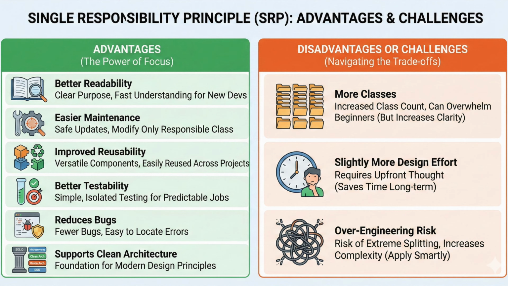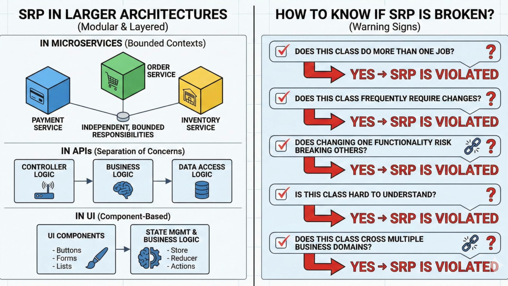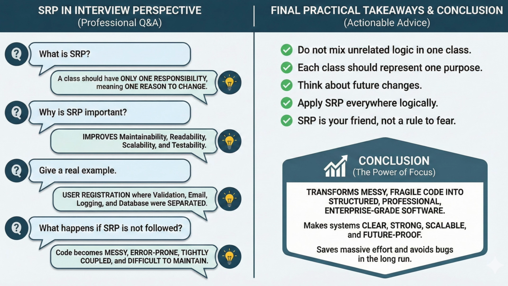Yes, SRP may feel like extra effort in the beginning, but in real-world software development, where applications live for years and continuously evolve, the single responsibility principle saves massive time, prevents countless bugs, and makes development far easier. So always remember, one class, one responsibility, one reason to change. That is the true essence of the single responsibility principle.